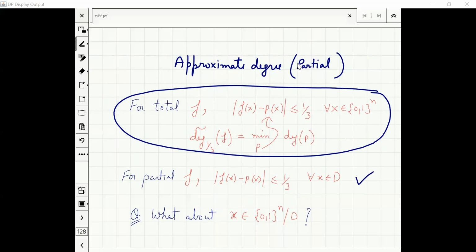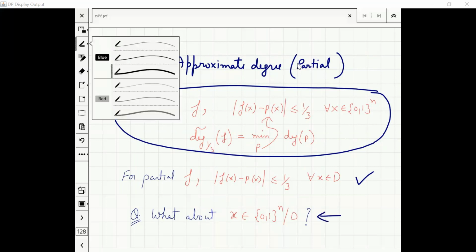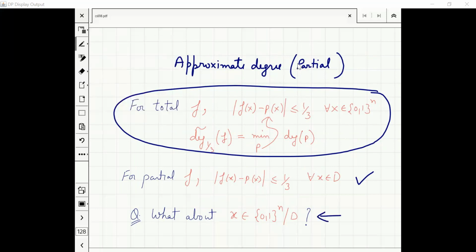The question is, what about x which are not in the domain? What happens to them? And why is that an interesting question? As one of you already said, I thought that it should only be defined for x element of D.